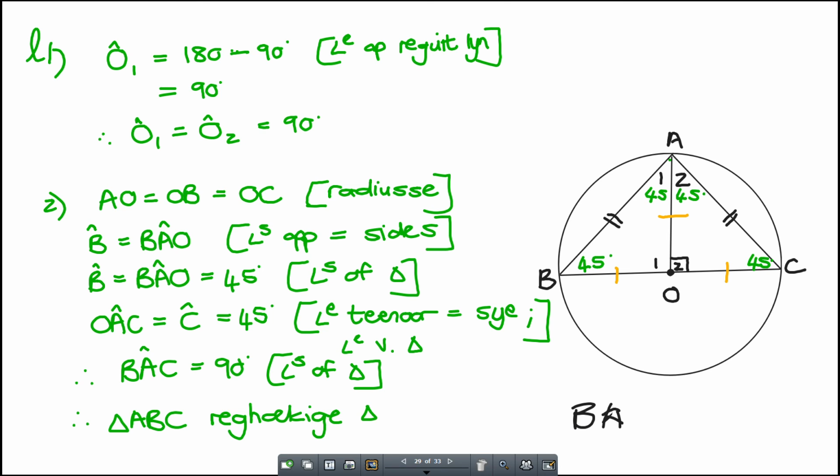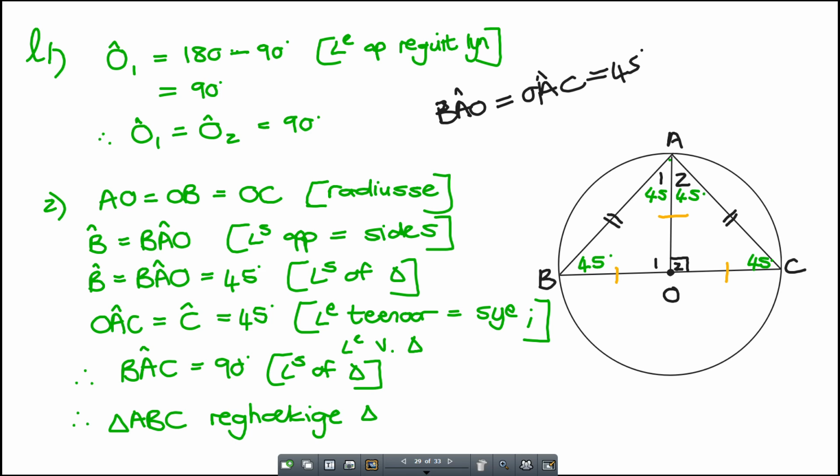BAO is equal to OAC, OAC equal to 45 degrees.